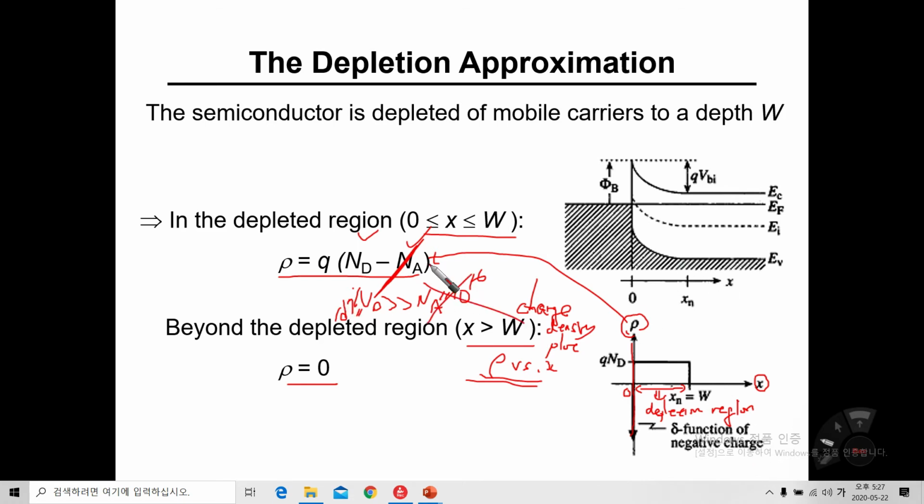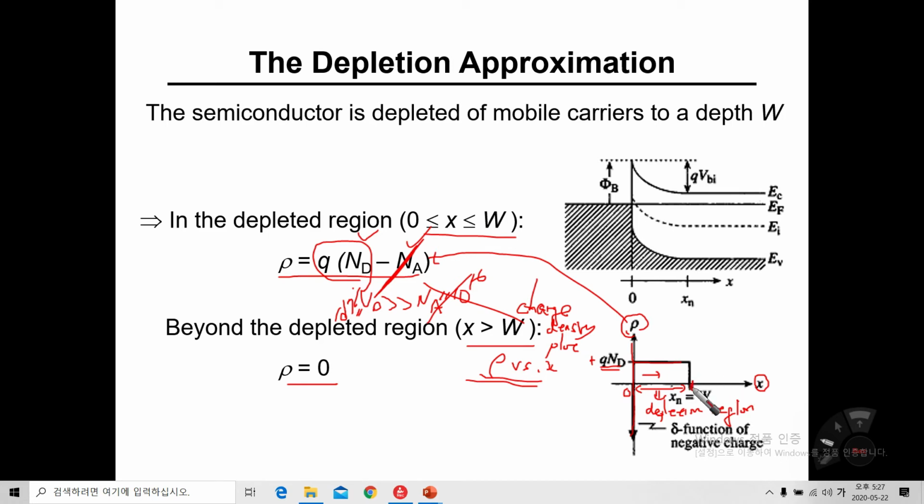So simply Q times ND in the depletion region. Here you can see plus Q times ND, and that is constant as x is varied. Why is that? Because we assume that the semiconductor is uniformly doped.